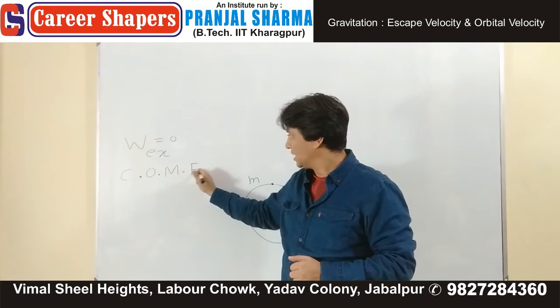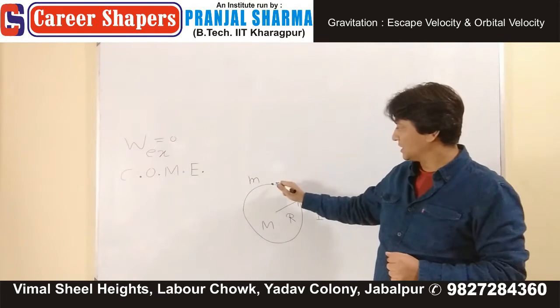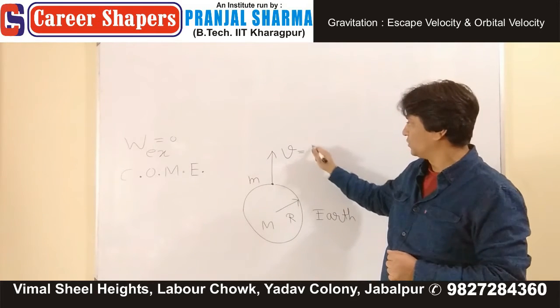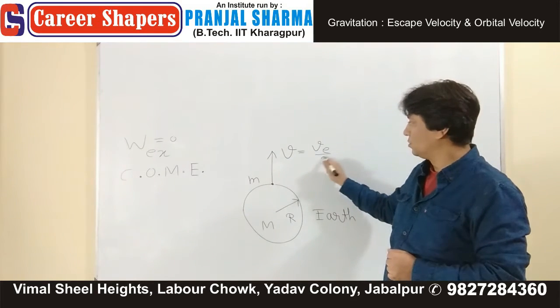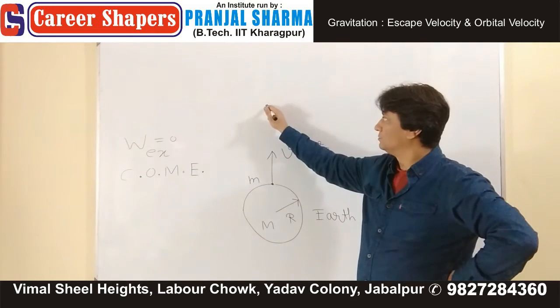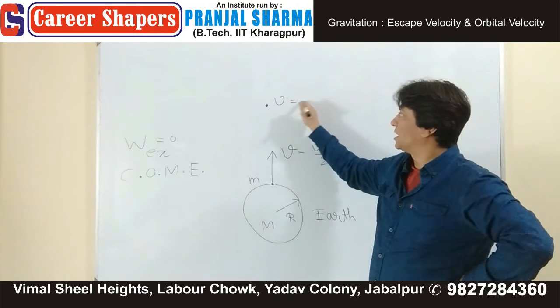Just check your calculations again. We're using COME, and the question says that you are throwing the object with some speed v, which is VE by 2. It reaches here. At this point, its speed becomes 0.